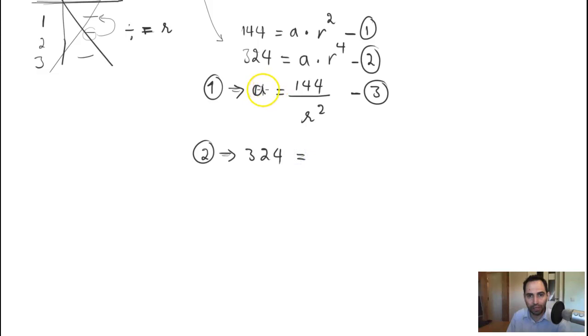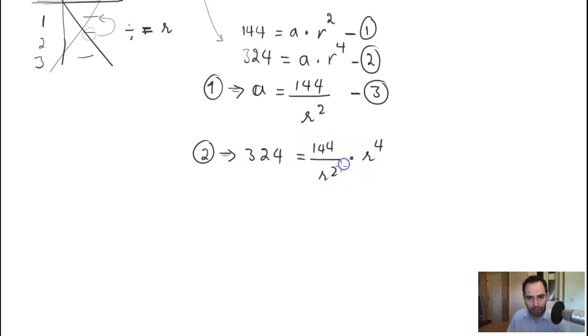Equation number 2 gives 324 is equal to a, which is 144 by r squared, into r raised to the power 4. Now here I have only one unknown.